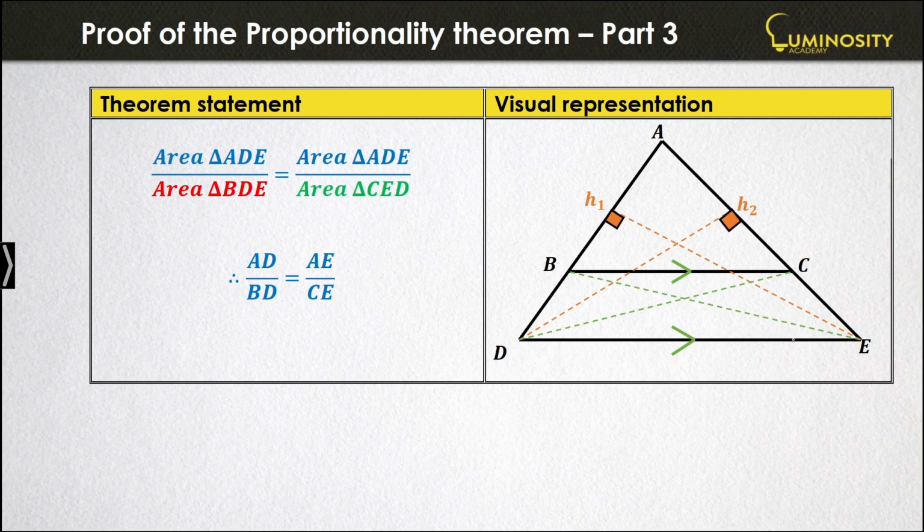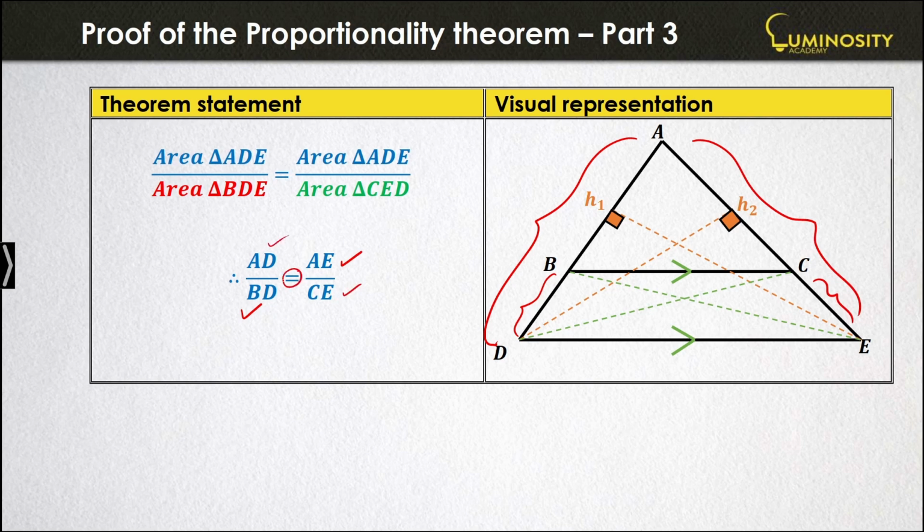That's what we did, right? The area of triangle ADE over the area of triangle BDE was just the big base AD over the small base BD. And the area of this big triangle with the small triangle is just the ratio of the base of the big triangle divided by the base of the smaller triangle.